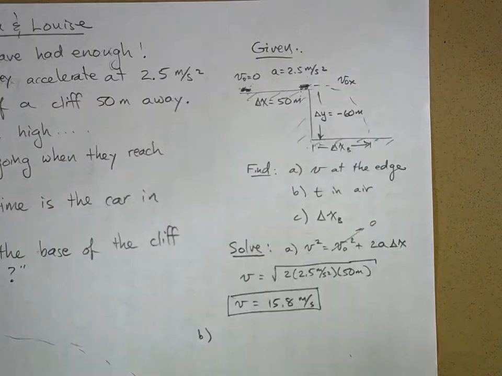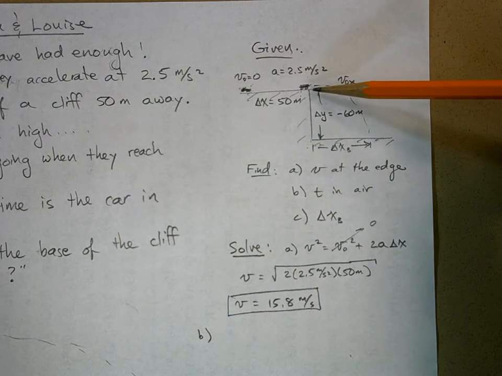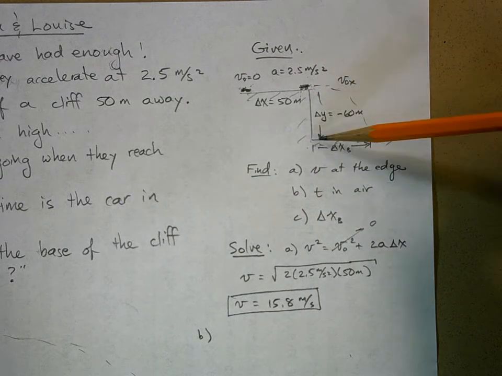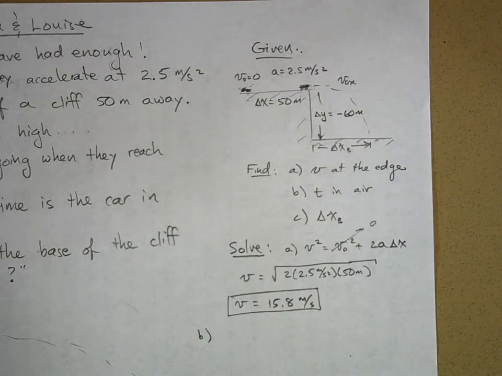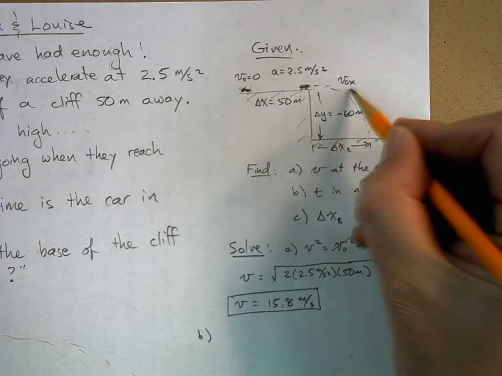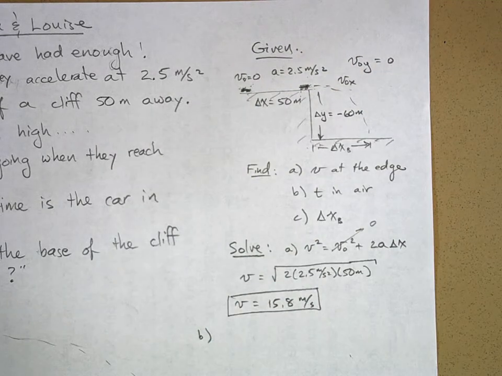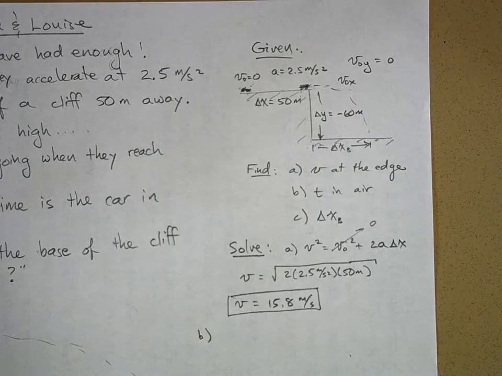Well, part B, we want to know how much time it's in the air. Well, it's in the air while it's falling from here down to here. I don't need to know the x velocity to figure that out, because we know that when it comes off the cliff, the initial velocity in the y direction equals 0. So I want time. I know the initial velocity in the y direction is 0. I know the acceleration in the y direction is negative 9.8. And I'm trying to find time.